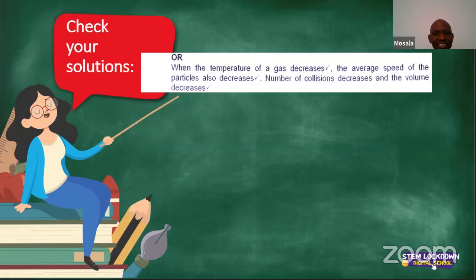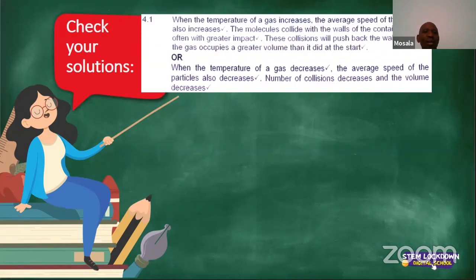The other way around, it should read that when the temperature of a gas is increased, the average speed of particles also increases. So meaning that the molecules will collide with the walls of the container more often and with greater impact. Remember, if they are moving faster, the collisions will occur much more frequently and with greater impact.